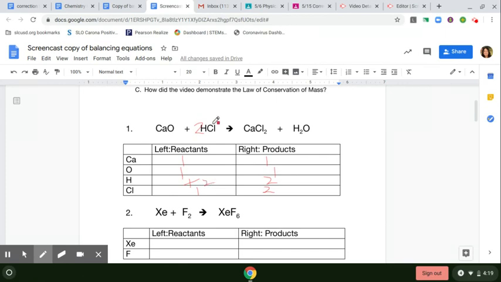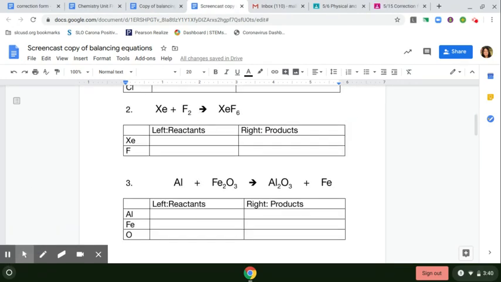And that 2 applies to my chlorine, so that 1 also becomes a 2. And now you can see that each atom balances. So I have one calcium on each side, one oxygen atom on each side, two hydrogen atoms on each side, and two chlorine atoms on each side. So that is now a balanced equation.